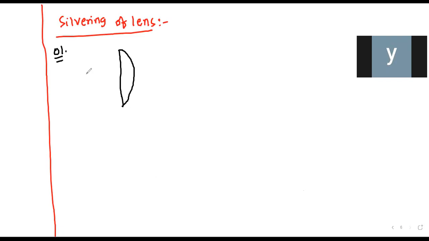Suppose a light ray is incident on this plane surface. Here it is air, and here it is the medium, that is, the lens, with a refractive index of mu. Now the light ray is moving from a rarer medium to a denser medium.